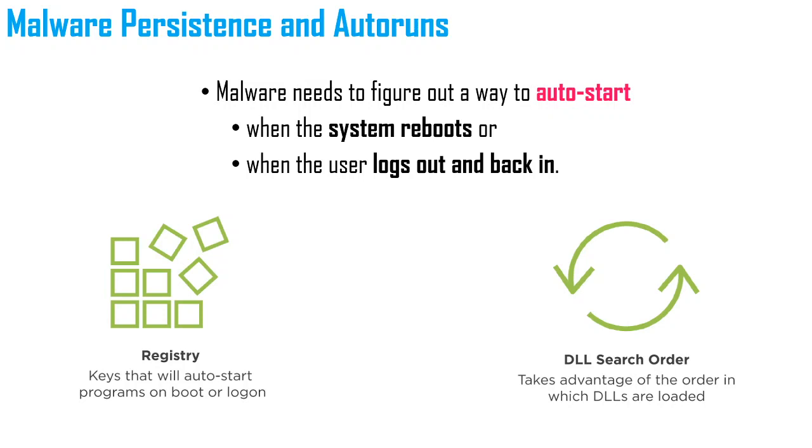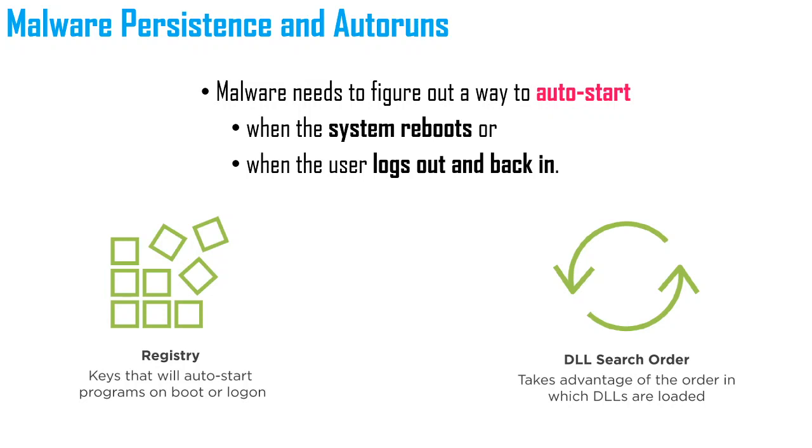When the system reboots or when the user logs out and back in, the malware persists in my system, and it holds the behavior of autoruns. Autoruns is nothing but something that runs automatically when the system gets rebooted.